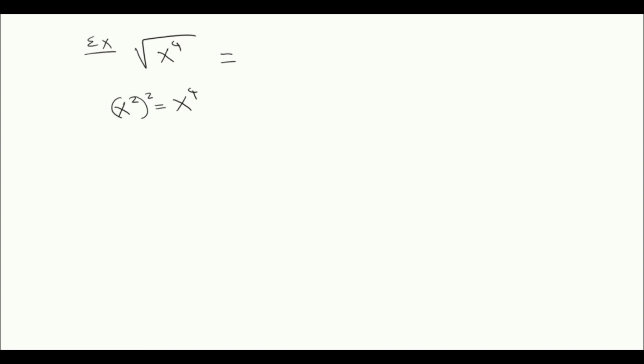So here, according to the rule from the previous page, which said if you have the square root of x squared, you get the absolute value of x, and we know this is going to be the square root of x squared squared, so we should get the absolute value of x squared.